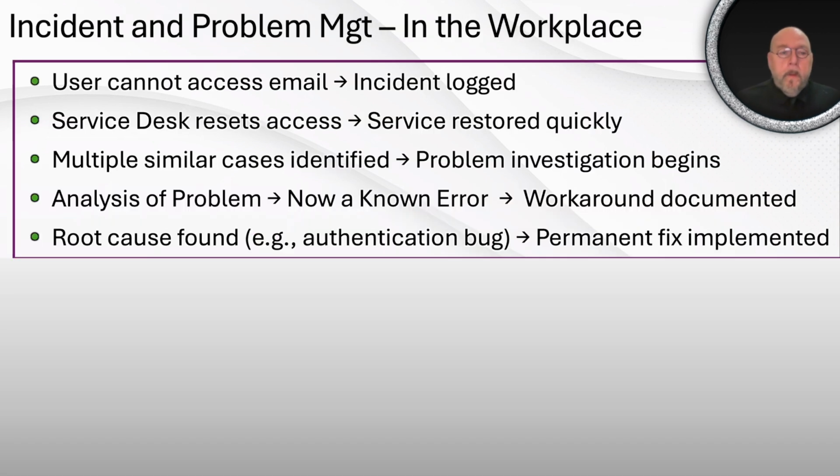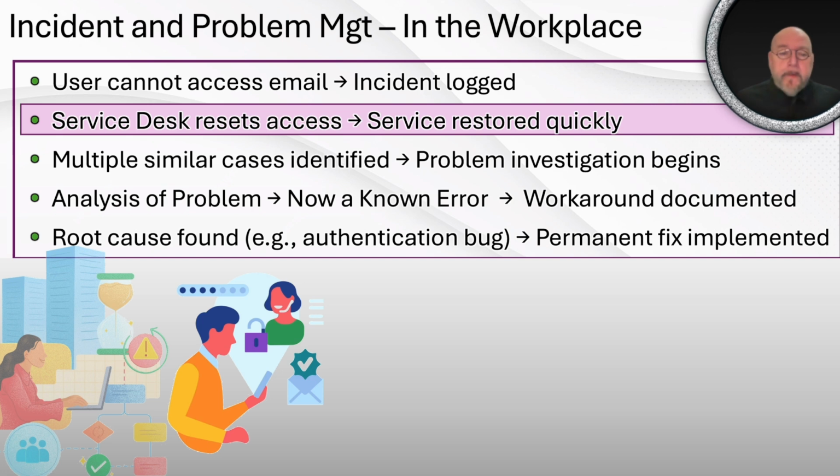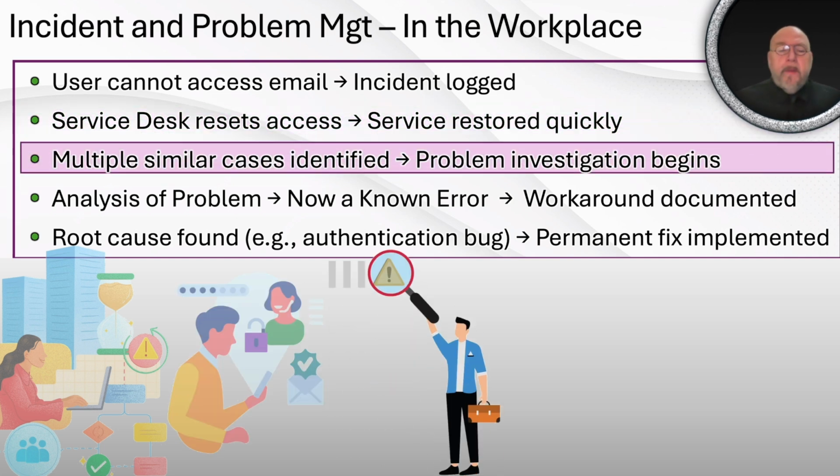So in the workplace, imagine a user cannot access their email, and so they log an incident. The service desk reacts by resetting their access, and the service is restored quickly. Multiple similar cases may be identified over time, and we begin a problem investigation saying, I think something's going wrong here.